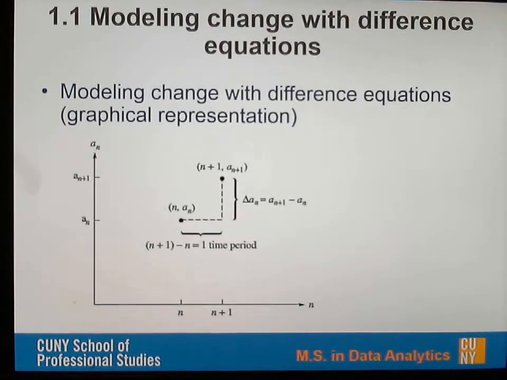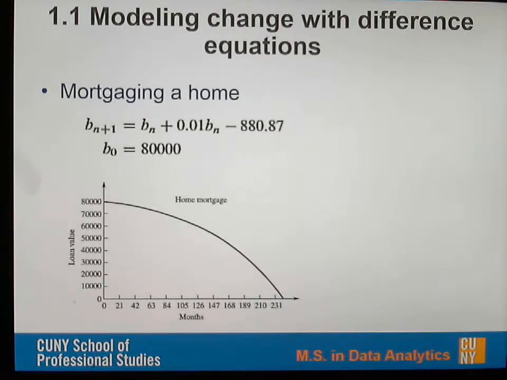Here is a graphical representation of the difference equations. At period n, this particular point is (n, an), and at period n plus 1, it is (n plus 1, an plus 1). Delta an is just the difference between those values, an plus 1 minus an.